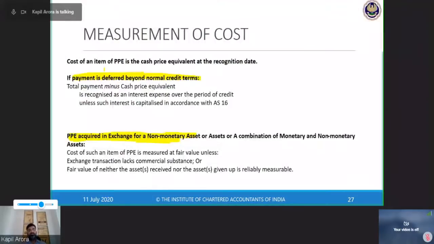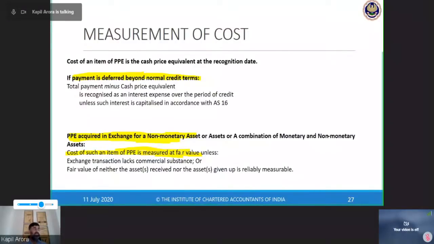Now, it says the cost of such an item should always be measured at fair value. Right? Cost should always be measured at fair value. Santosh, profit of whom?